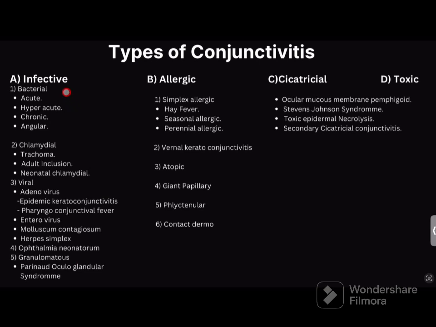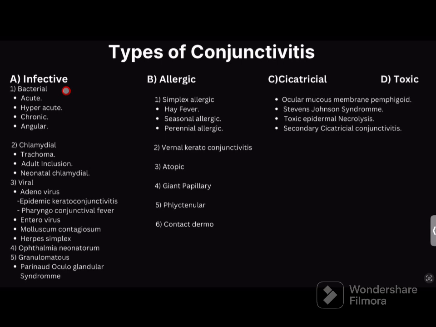Bacterial conjunctivitis can be further divided into 4 types: the acute bacterial conjunctivitis, the hyperacute bacterial conjunctivitis, the chronic bacterial conjunctivitis, and the angular bacterial conjunctivitis. This is mainly depending upon the causative bacteria and how severe the infection is.